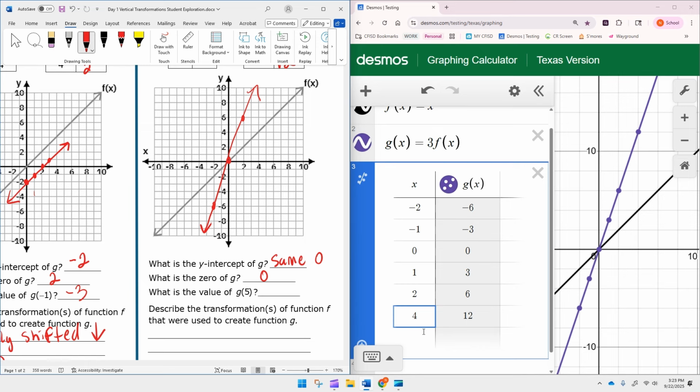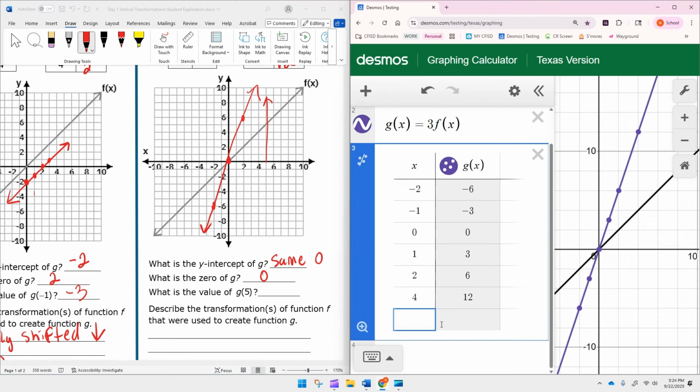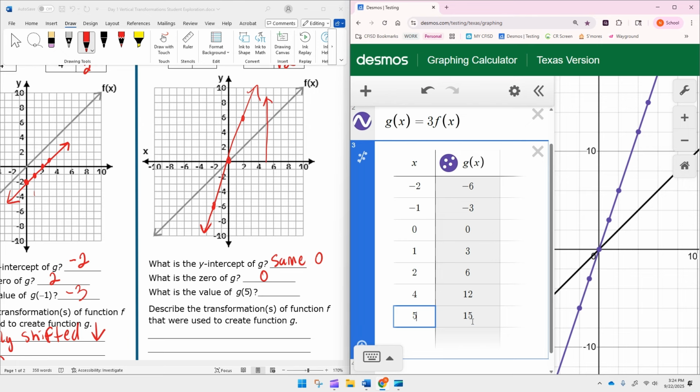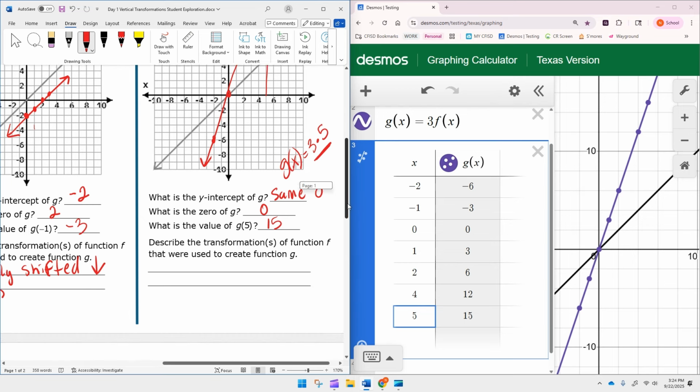Now let's find g of 5, because if I go here to g of 5, it's going to be out of my graph. So I'm going to go ahead on my table and type 5 for the x value, and that gives me 15. What that means is I'm saying g of x is equal to 3 times our x value. Our x value is 5. 3 times 5 is going to give us that 15.